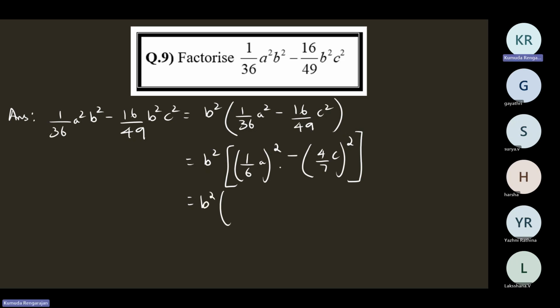So in the bracket, we have an expression of the form a square minus b square, which can be factorized as a plus b into a minus b.